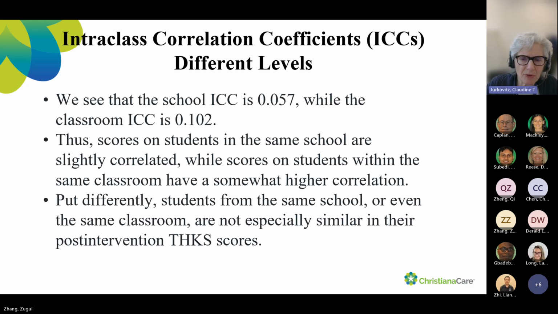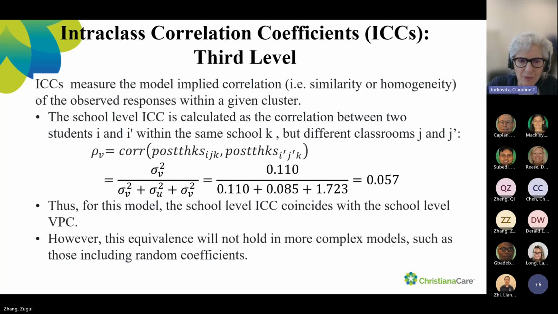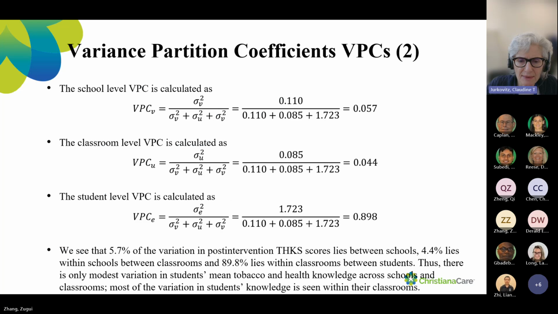I guess I understand that, but what is a VPC then? Because the VPC for classroom was different, right? That was 0.044. So how do you interpret the difference here?